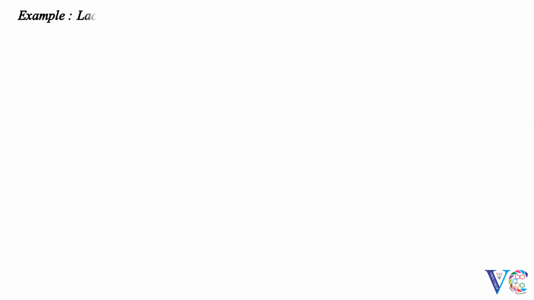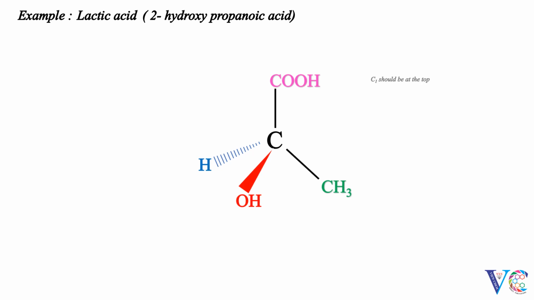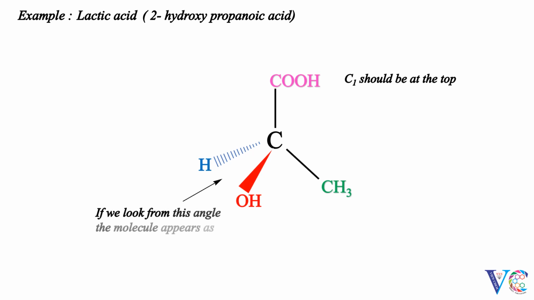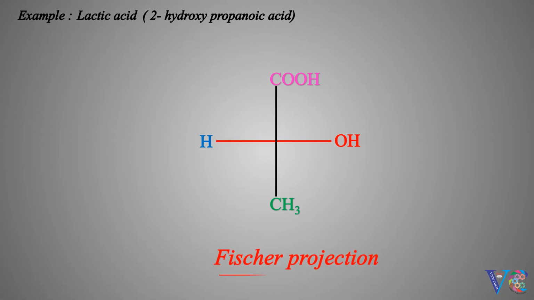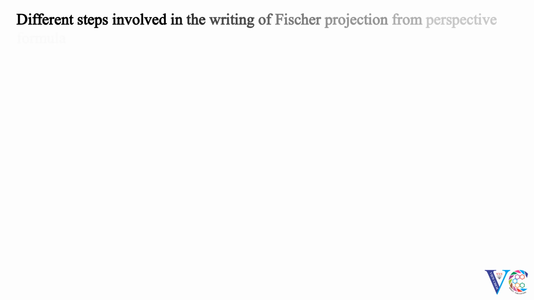Example, lactic acid, that is, 2-hydroxypropanoic acid. If we look from this angle, the molecule appears as follows. Different steps involved in writing Fischer projection from perspective formula are shown below.